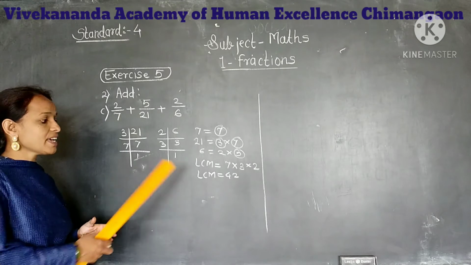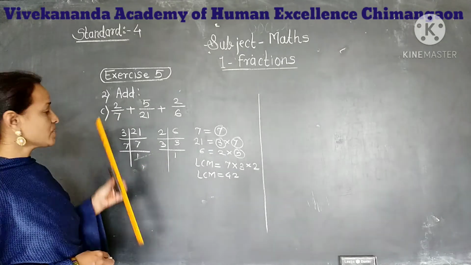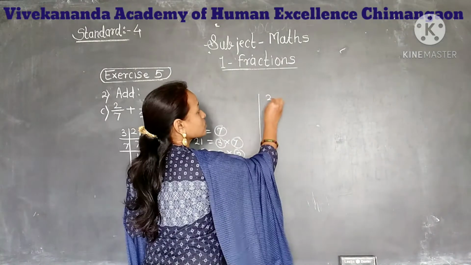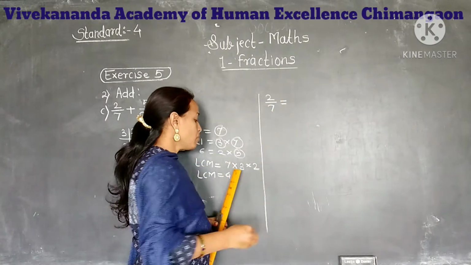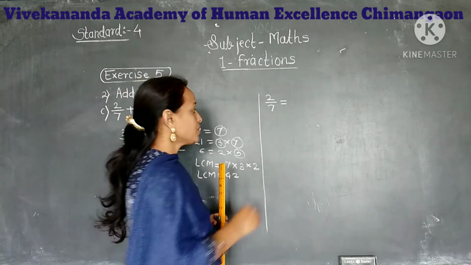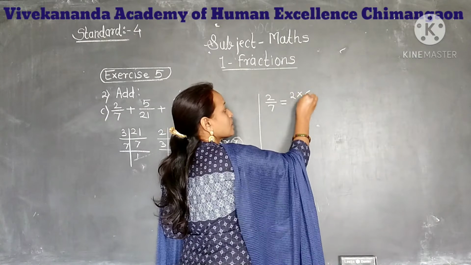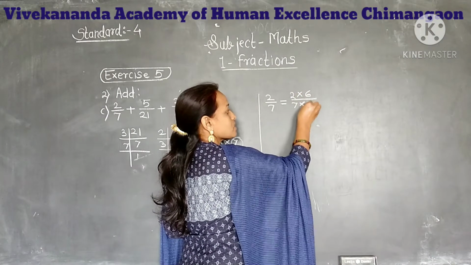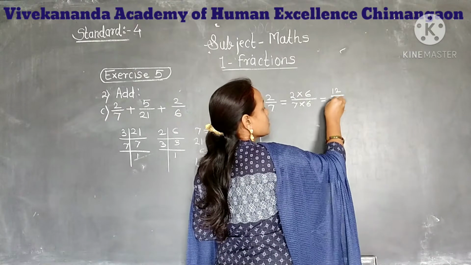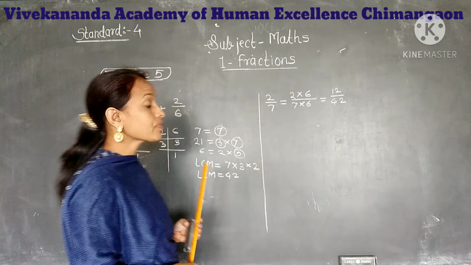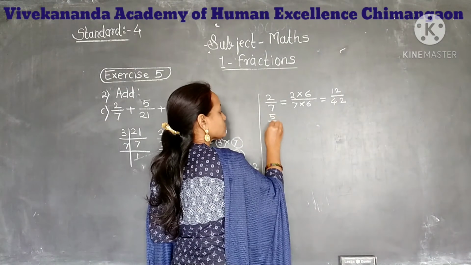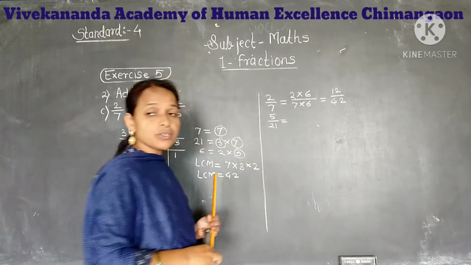Now we change the denominator to 42. So the first fraction is 2 upon 7. But we want the denominator as 42. 7 sixes are 42. So we multiply 2 by 6 and 7 by 6. We get 2 sixes are 12, 7 sixes are 42. Next fraction 5 upon 21. 21 twos are 42.